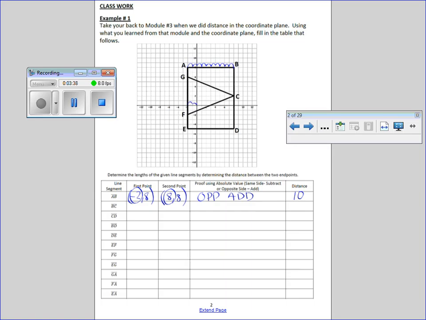Okay, let's do BC together. The good thing about BC is we've already done B. So B is, once again, 8, 8. The new coordinate is C. So here's your C. Where is that on the coordinate plane? 8, 2 is good.